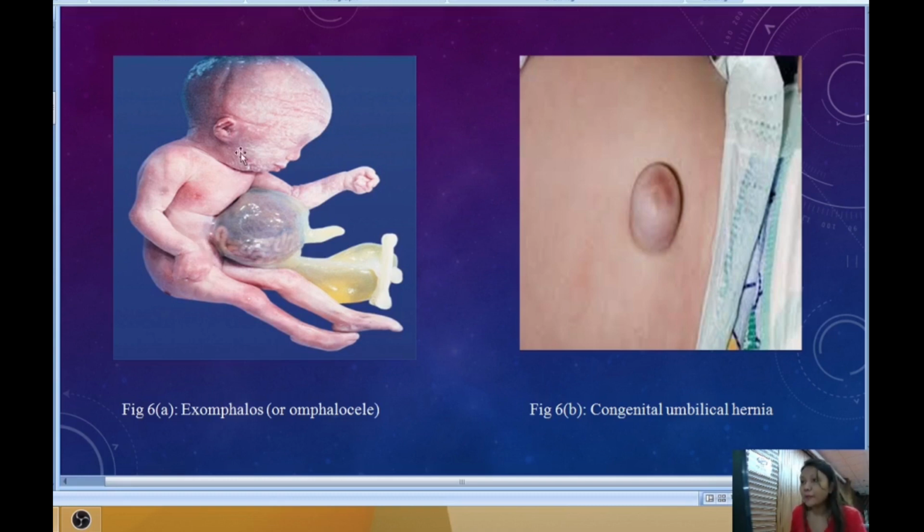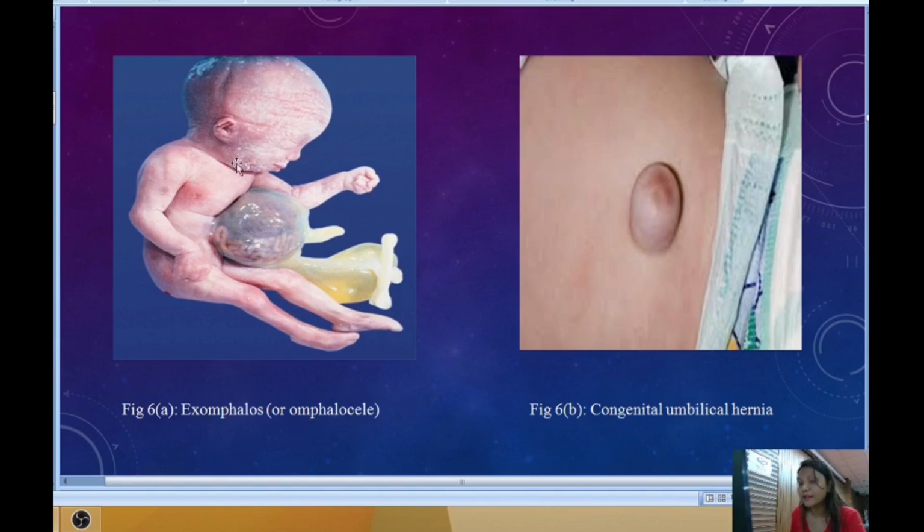But sometimes there is failure of this loop to go inside and it remains outside. So from the umbilicus, the whole intestine is outside. This is known as exomphalos. Exo means outside. Omphalo means umbilicus, with a loop of intestine. So this is exomphalos or omphalocele.